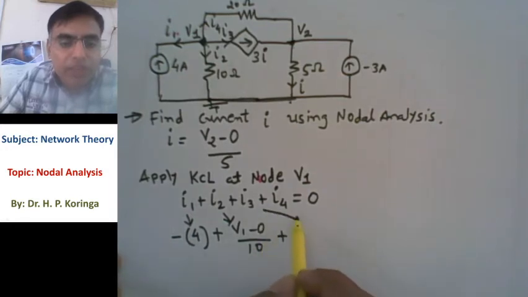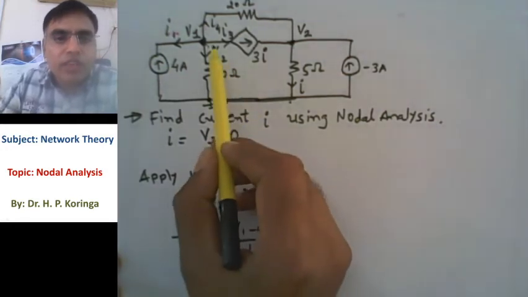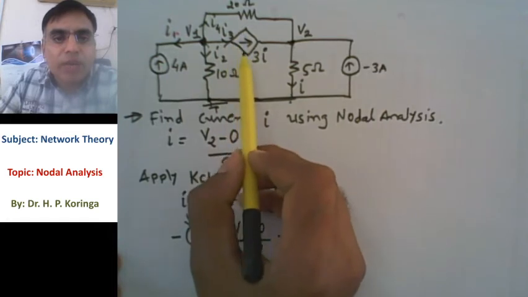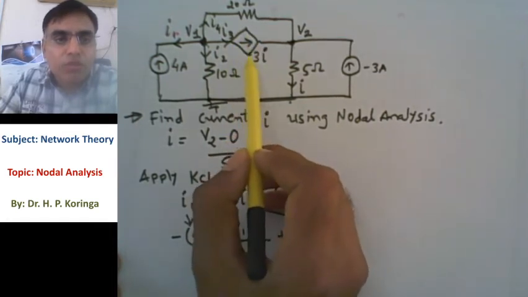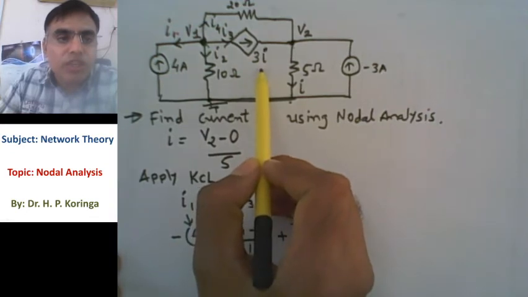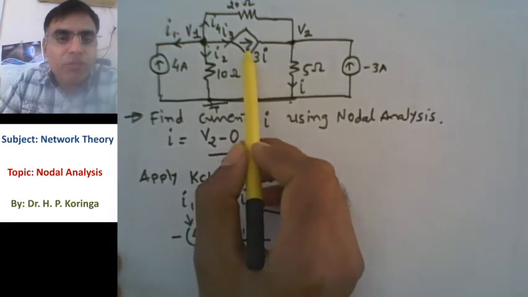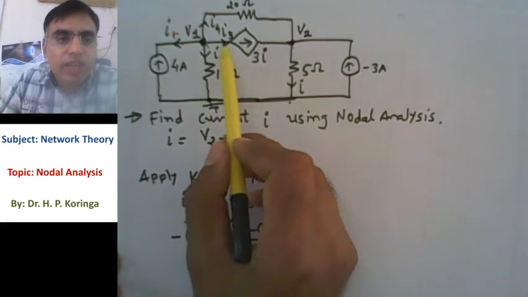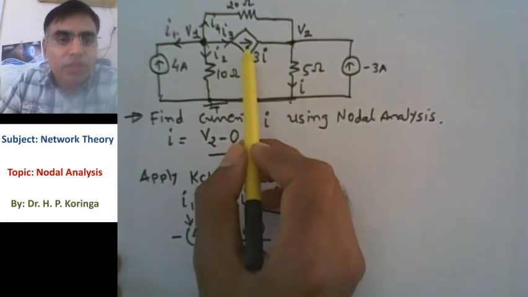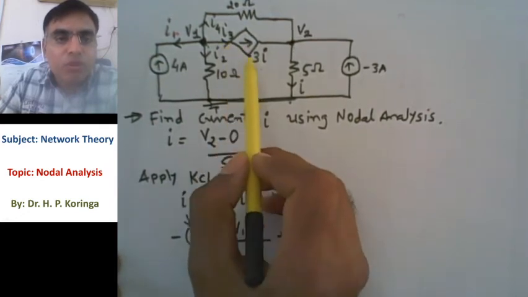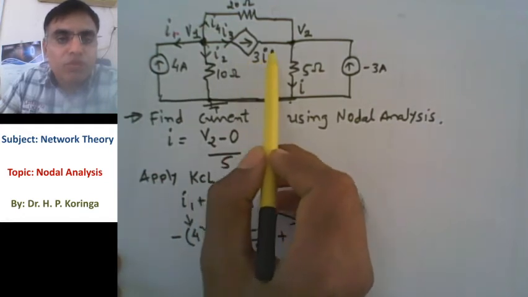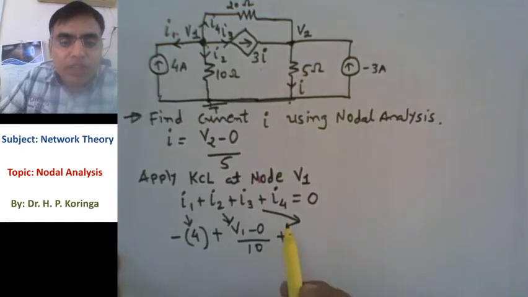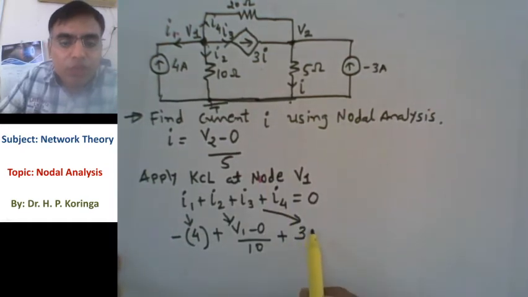Plus I3, the current passing in this branch. Again this branch has a current source, and the direction of this current source and the direction of I3 are the same. So I3 is the positive of the current source value, which is 3I.